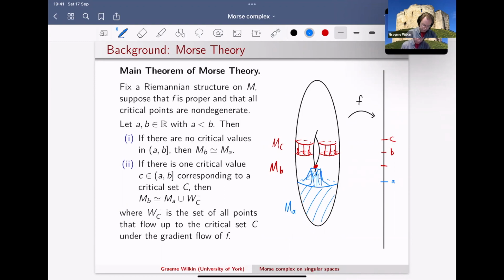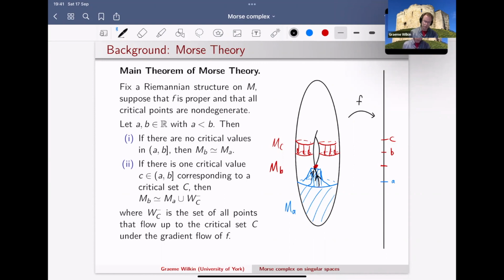So I'll draw this so it looks smooth. And then it turns out that M_b is diffeomorphic to M_a with a handle attached. And then the local coordinates of the Morse lemma allow us to retract onto the unstable set of the critical points. So all the points that flow under the gradient flow up to this critical point.